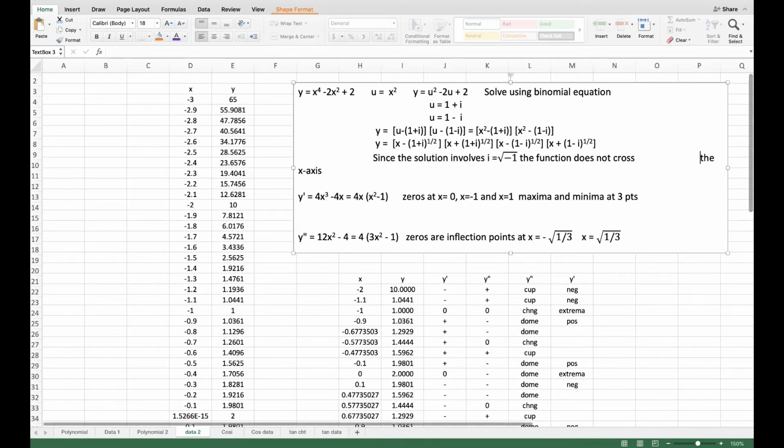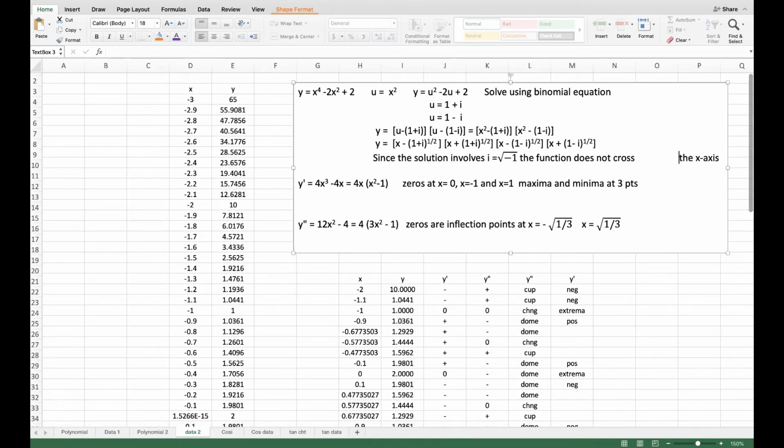So that was something that they deliberately did to throw the students off because it does involve the imaginary numbers, which is the square root of minus 1.